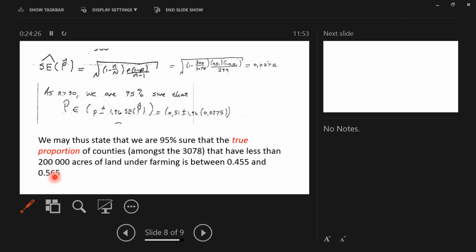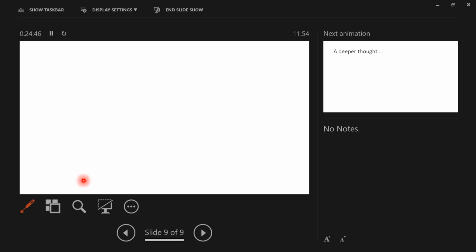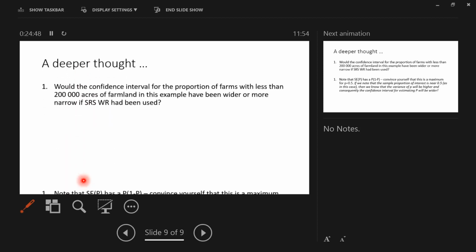And you must understand that. If I say use with replacement, it would be a wider interval, say 0.41 and 0.58. It will be wider, less accurate. So you must be able to make that argument.